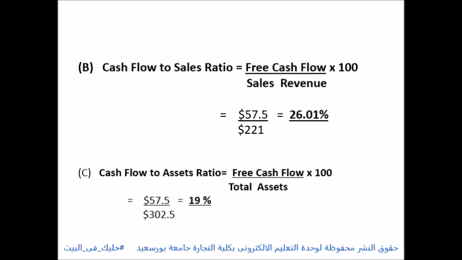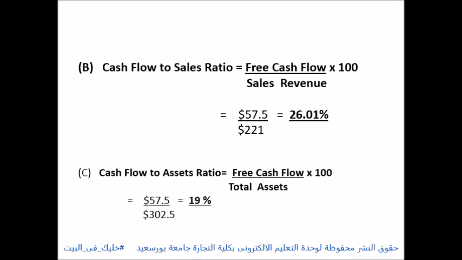Sales revenue is 221,000. The result is that cash flow to sales ratio is 26.01. What does this mean? This means that for each $100 of sales revenue, there is in the company free cash flow of $26.01.